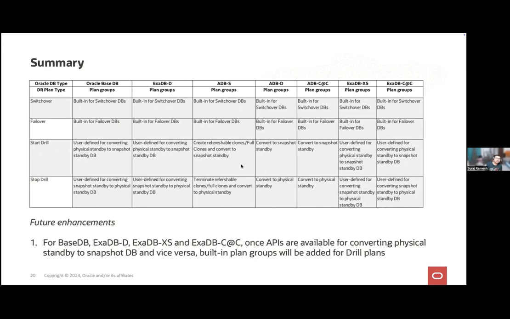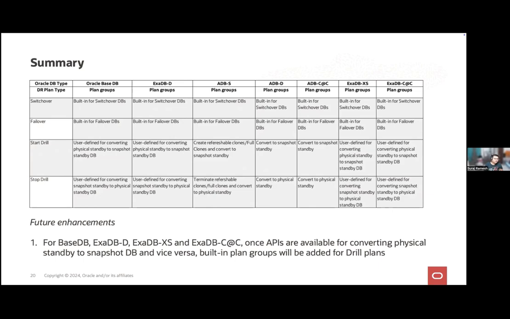But for Base DB, Exascale, and ExaDB customer-managed, as of today you should leverage user-defined scripts. As I highlighted earlier, once those services have those APIs, we will integrate with them so that you'll also see similar steps for database switchover and failover for the start and stop drill.